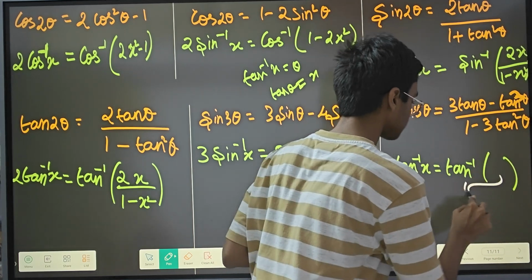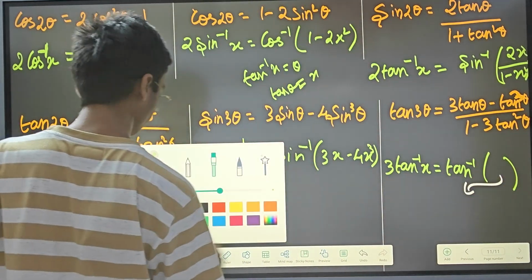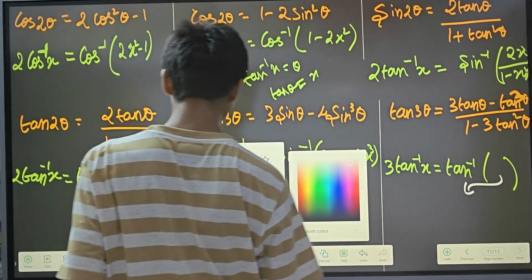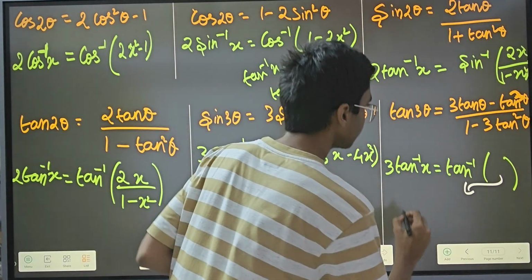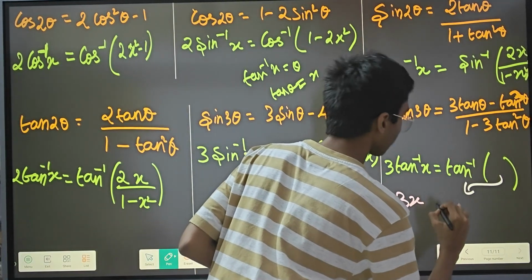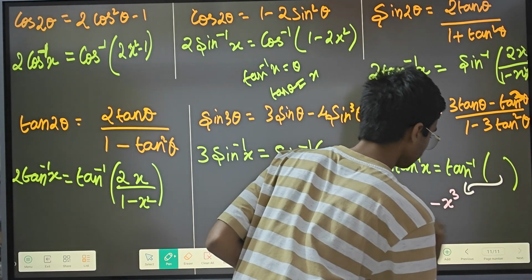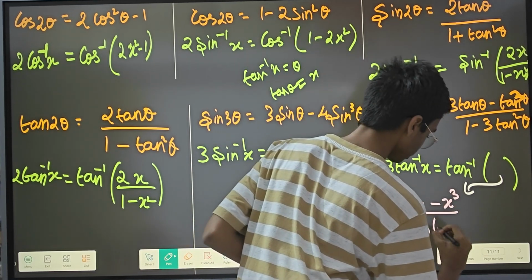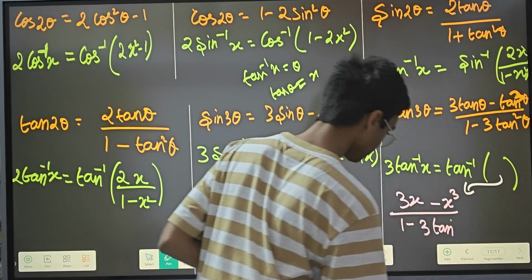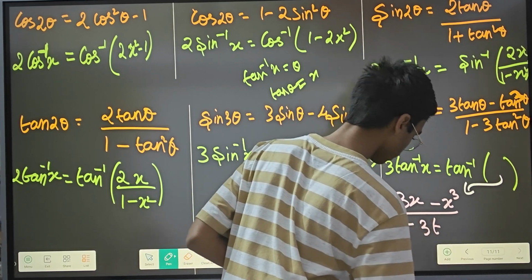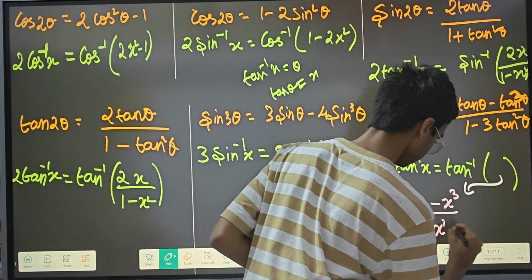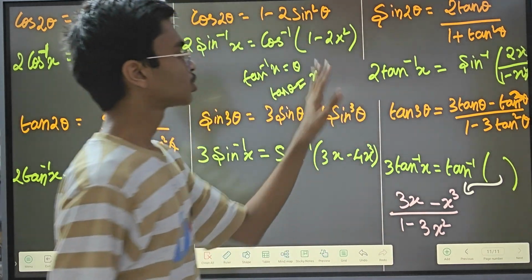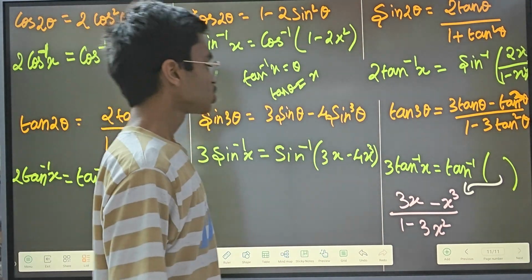I'll write it over here because there is no space. It is going to be 3x minus x cube whole divided by 1 minus 3x square.